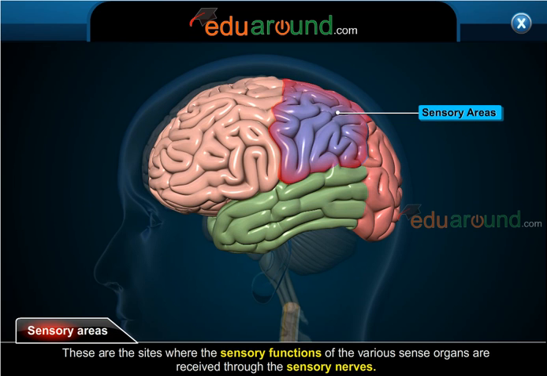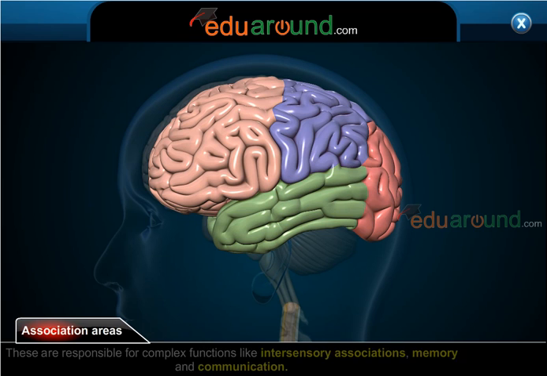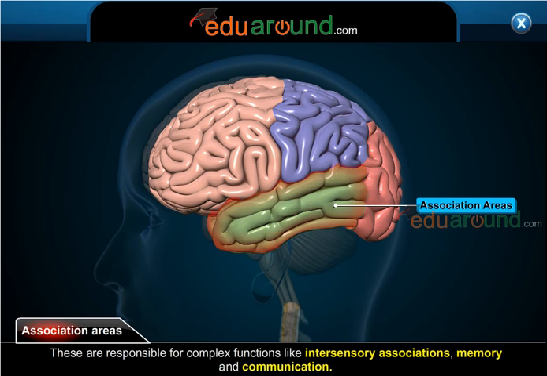These are the sites where the sensory functions of the various sense organs are received through the sensory nerves. C. Association areas. These are responsible for complex functions like intersensory associations, memory, and communication.